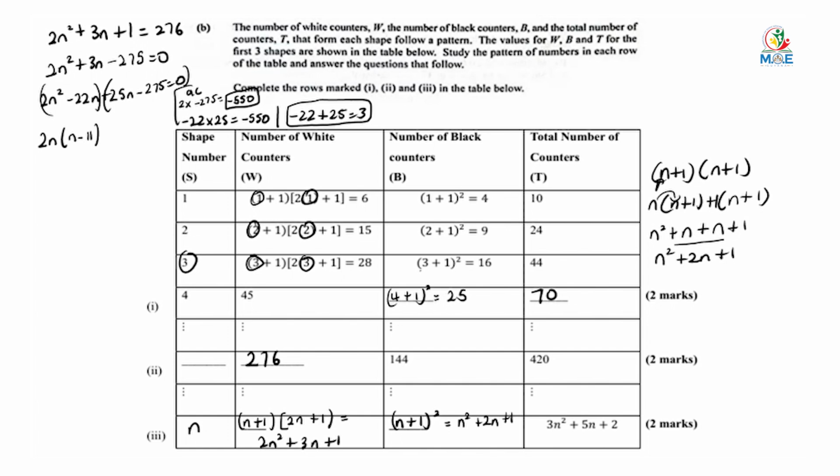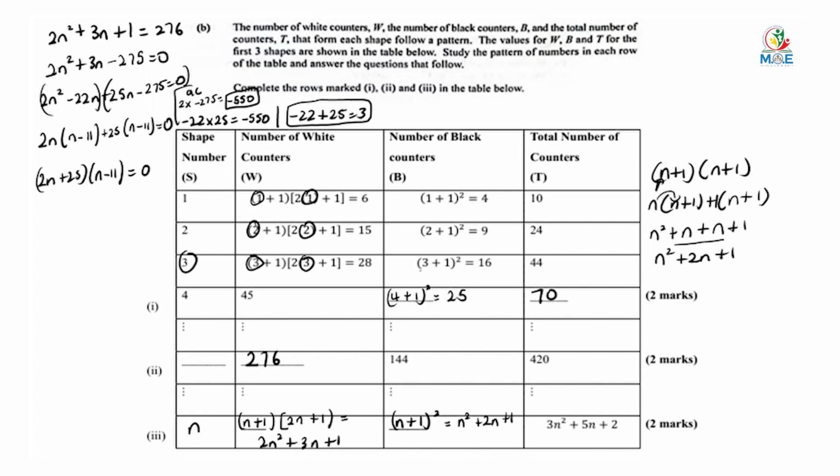Then for plus 25n minus 275, the common factor is plus 25, and I'll be left with n minus 11, equal to 0. So I'll have 2n plus 25 in one bracket and n minus 11 in another bracket equal to 0.